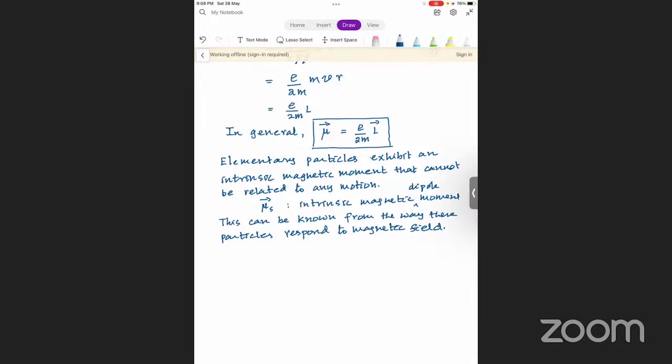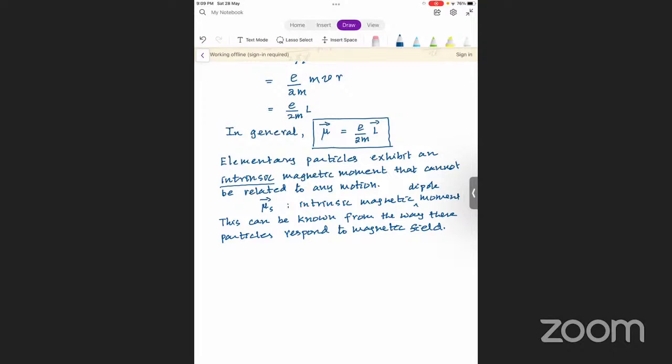Here we have a magnetic dipole moment, but what is its origin? That question is not answerable. We don't know. That's intrinsic. Like charge is an intrinsic property: you ask why charge is there, and we cannot answer that question. Like that, this magnetic moment is also an intrinsic magnetic moment.